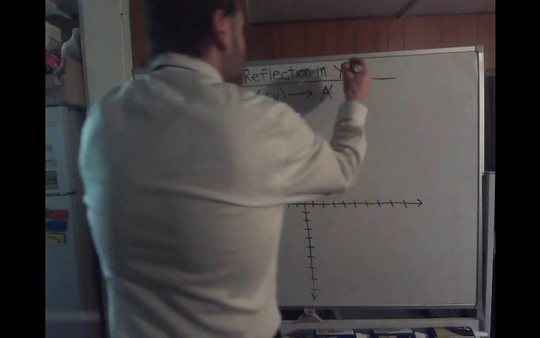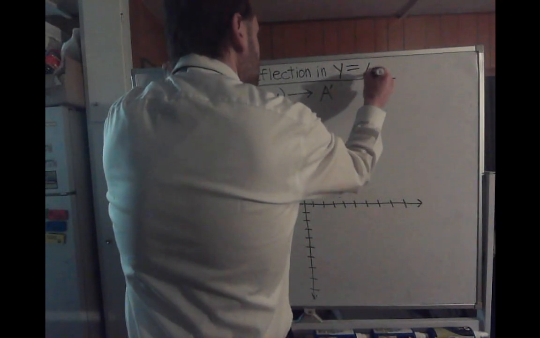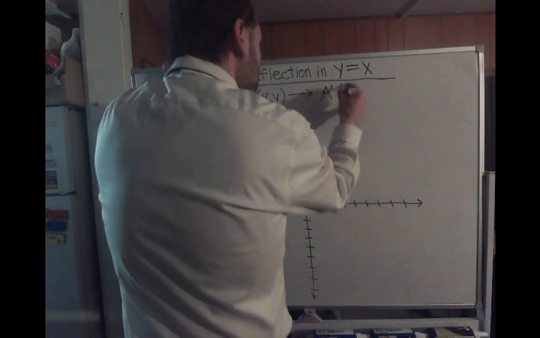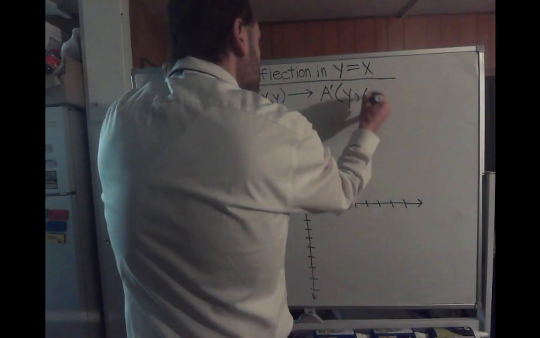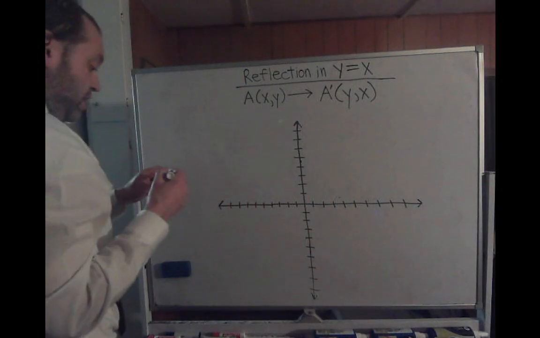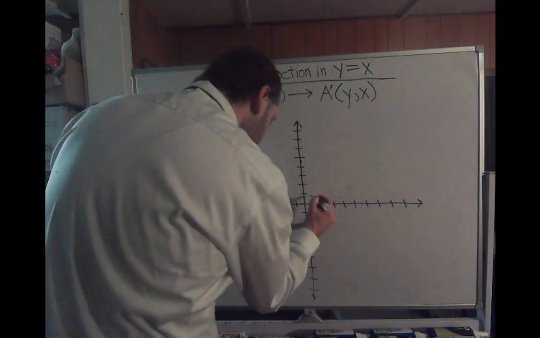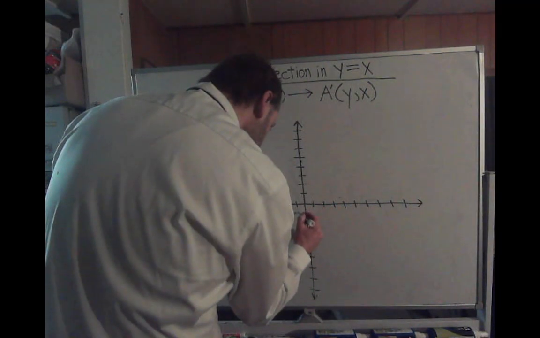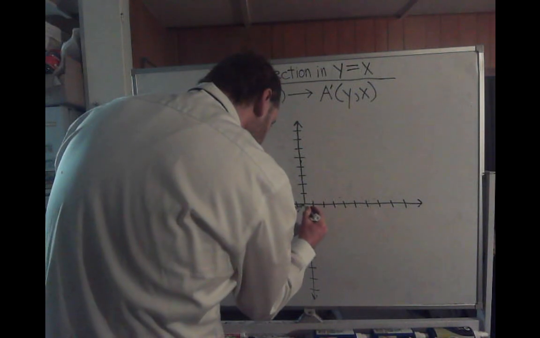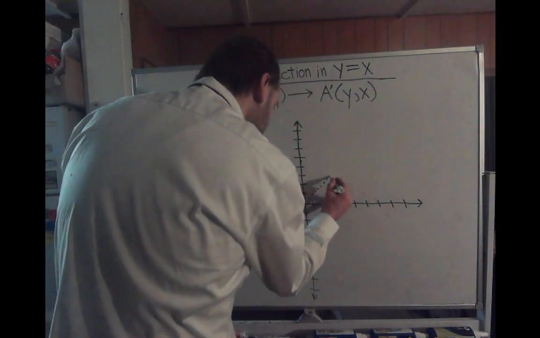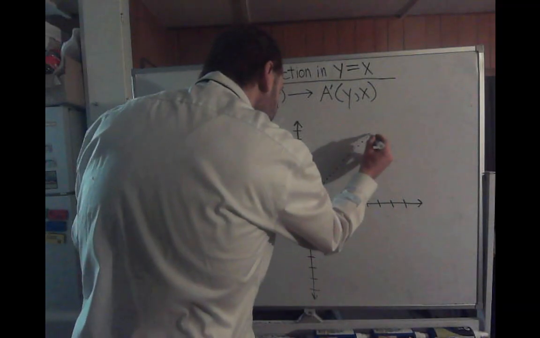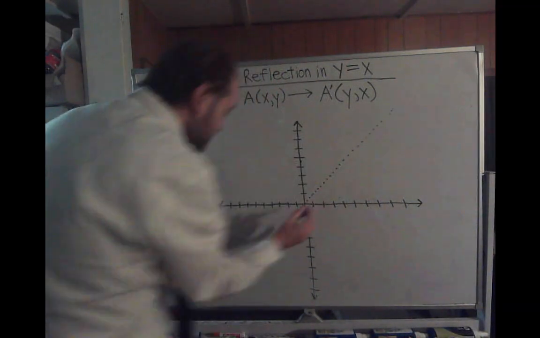So there's also a reflection in the line y = x. Alright, in fact, let me go ahead and draw the line y = x. Let me draw a little dotted line to illustrate this.